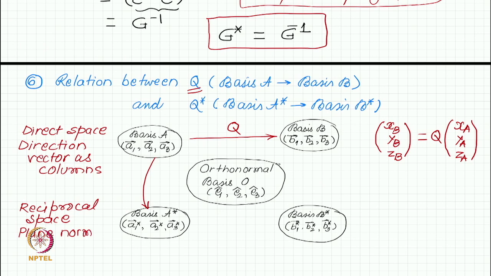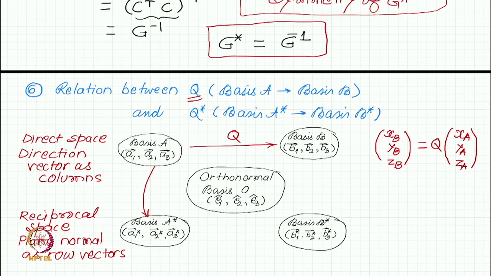Here the common vector which we will be using is plane normal, and we will be writing them as row vectors. Similarly, for B there is a B star.